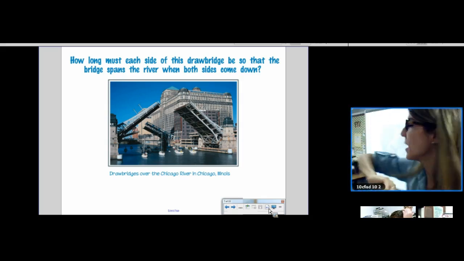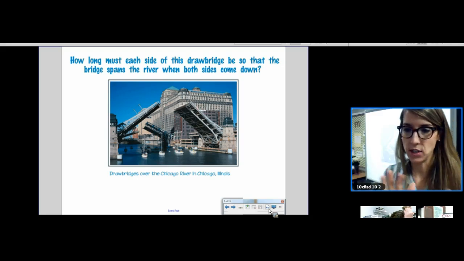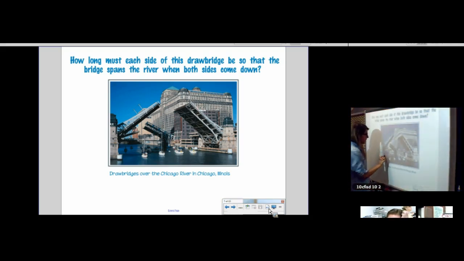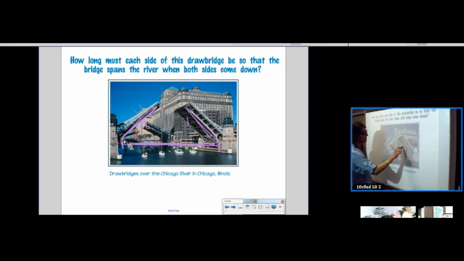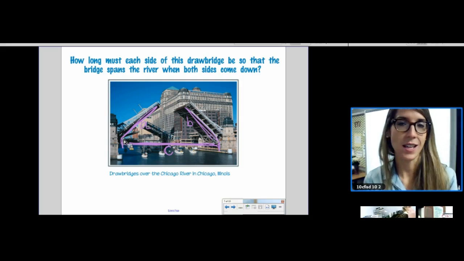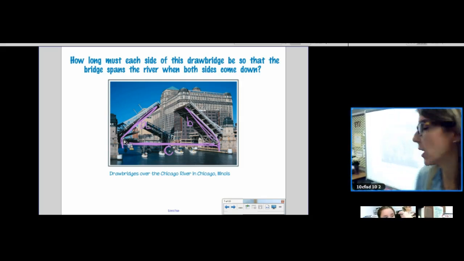So if we dissected this drawbridge and looked at the space between, and the length of this side of the drawbridge, let's call it A, the length of this side, let's call it B, and we'll call this C. What would need to be true about sides A, B, and C for this drawbridge to work effectively?